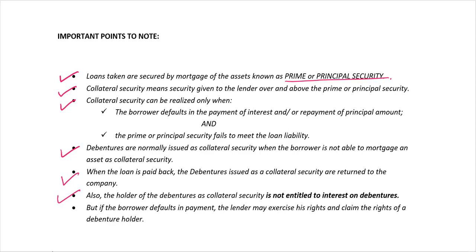The holder of the debenture issued as collateral security is not entitled to the interest on the debentures. However, if the borrower defaults in the payment, the lender may exercise his rights and claim the rights of a debenture holder and demand interest on debentures.